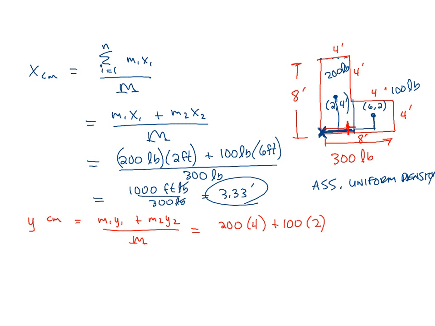And here again, remember, I'm picking the y values, 200 times 4, 100 times 2, and I want to divide by the total mass, which was 300, and that would be 800 plus 200 is 1,000 over 300. Again, 3.33 feet. So I need to go over 3.33 feet, and I need to go up 3.33 feet. Center of mass would be right there.